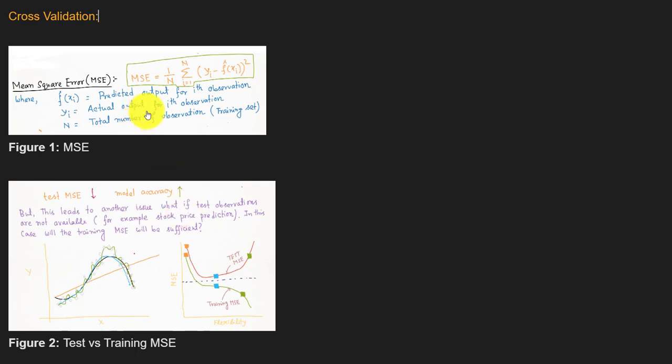There we defined the MSE, which is nothing but the average of the squared difference between the predicted value and the actual value. While discussing that, we discussed a scenario where these small circles are my data points, and we try to fit the data using three different models.